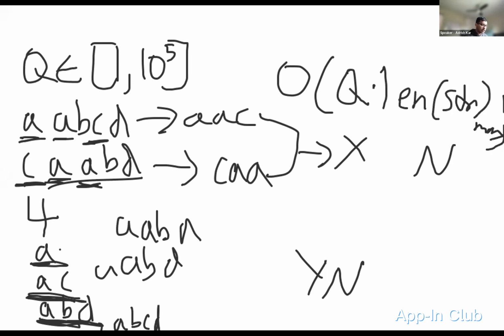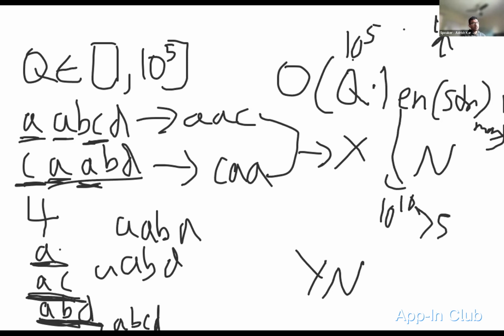This time complexity does not work because Q can go up to 10 to the 5, and each of the strings can have length 10 to the 5 as well. So this clearly will not work, because 10 to the 5 times 10 to the 5 is 10 to the 10, and this is greater than 5 times 10 to the 8, which is typically the number of operations per second that the grading server can handle for USACO.